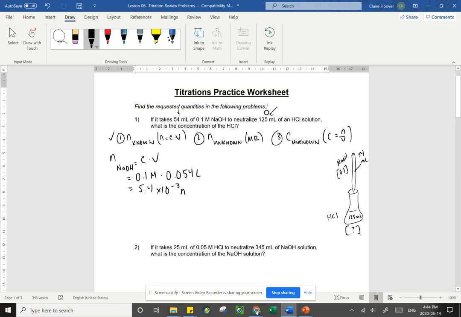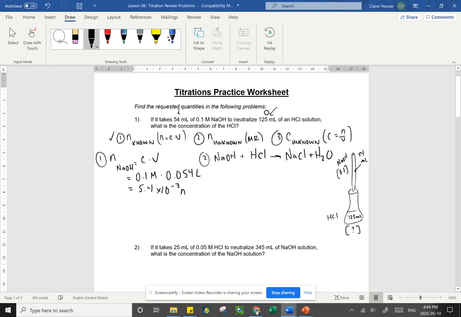Now what I'm going to do is I'm going to figure out my moles of my unknown. Okay, to do that, so this was my first step. To do that, I need to know my balanced chemical equation. So I know sodium hydroxide is going to mix with hydrochloric acid. It's going to make sodium chloride and water.